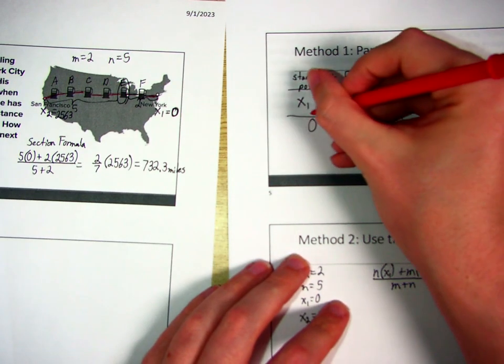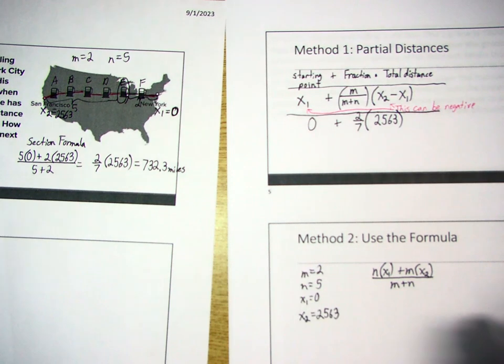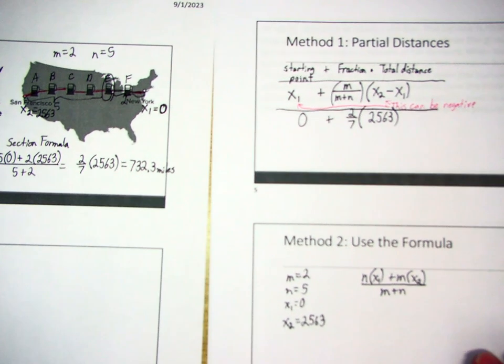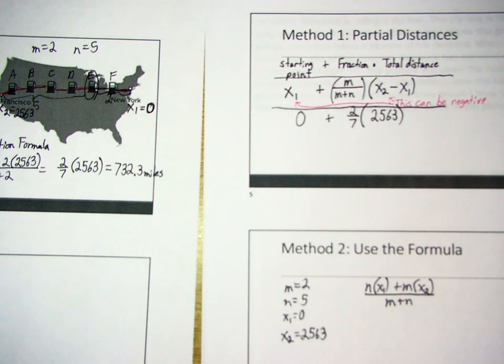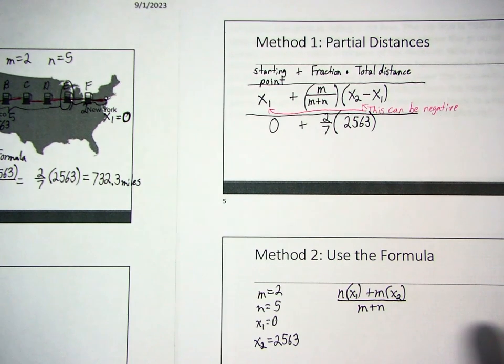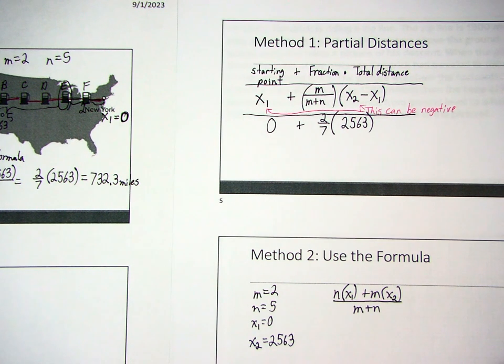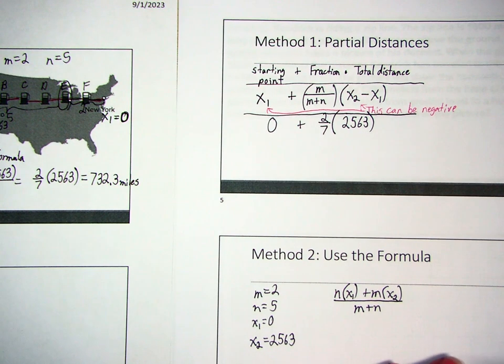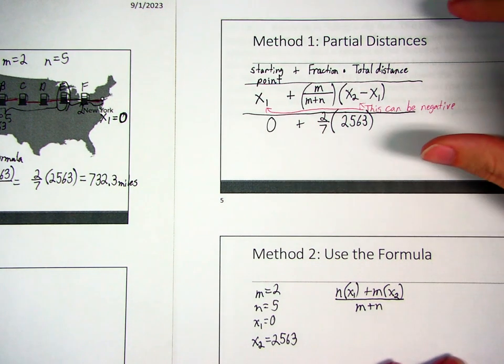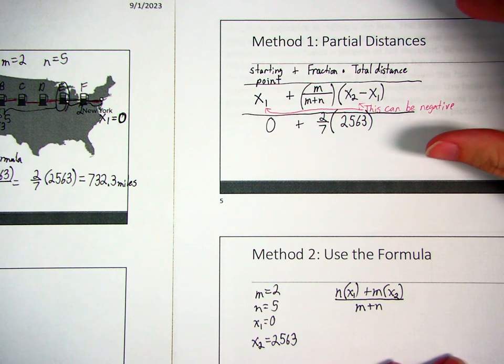I'm pointing that out here as well. These are things we'd have to concern ourselves with on a normal number line. We'll take a look at one more example, and we'll approach it with the partial distances formula approach instead.